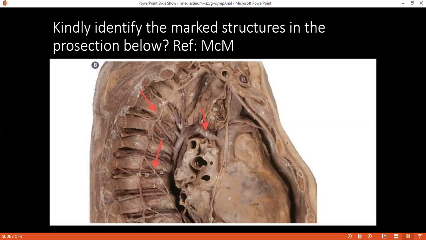All right. What are the contents of the middle mediastinum? It's mainly the heart, great vessels, and pericardium. What are the contents and boundaries of the anterior mediastinum?